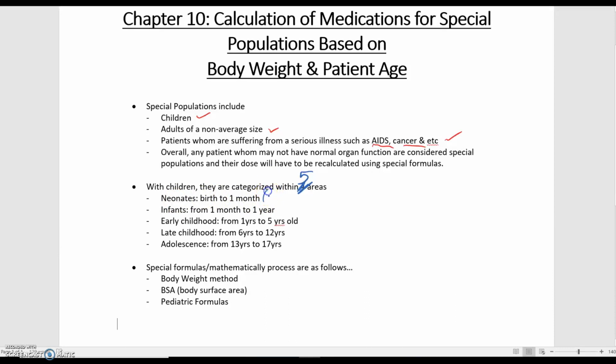Your neonates are your newborns, from birth to 1 month. Your infants are from 1 month to a year. Early childhood is from 1 year to 5 years of age. Late childhood is from 6 years to 12 years of age. And adolescence is from 13 years to 17 years of age.